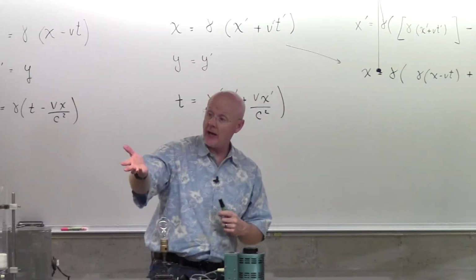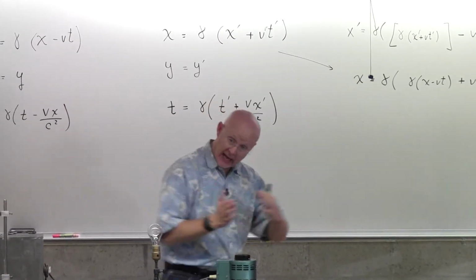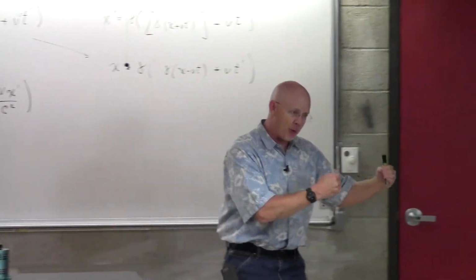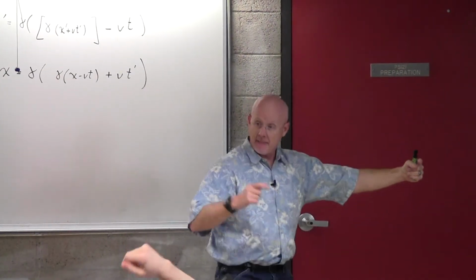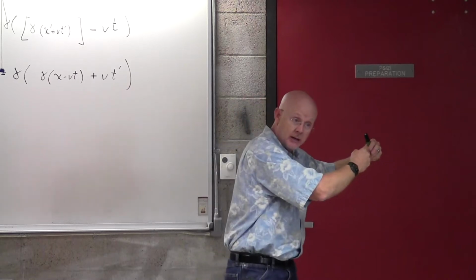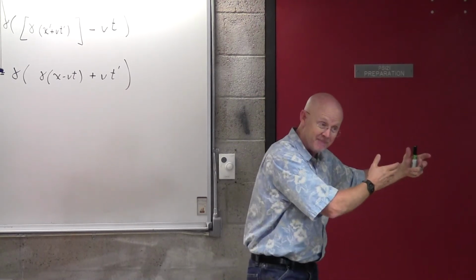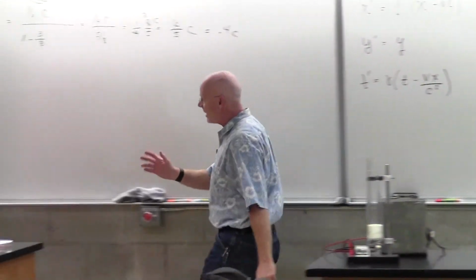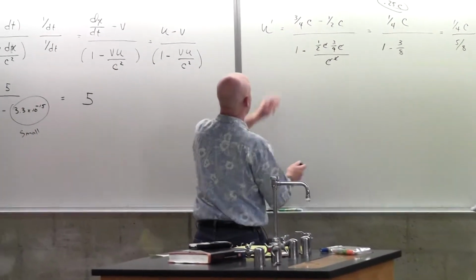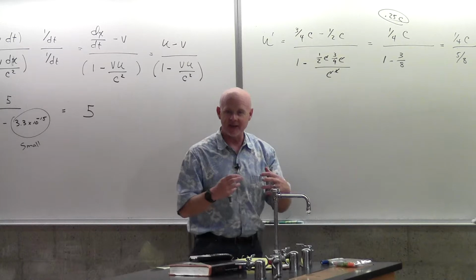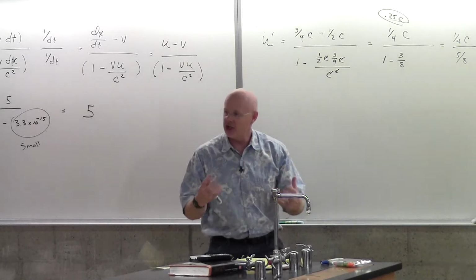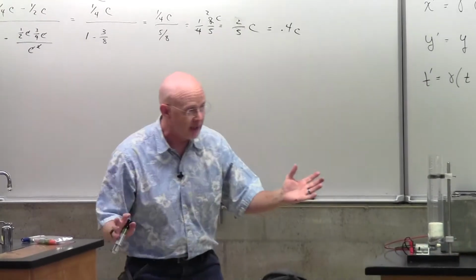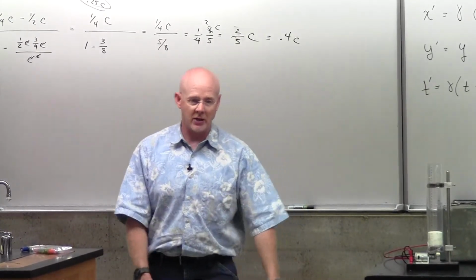You might have thought, as you look at me going half the speed of light, and I see the bird going at 0.4 the speed of light, that the bird should be going 0.9 the speed of light. But that's not what we have. The bird is not going 0.9. The bird is going 0.75. They're not just simply additions and subtractions. Unfortunately, that's gone, and we have something more complex.